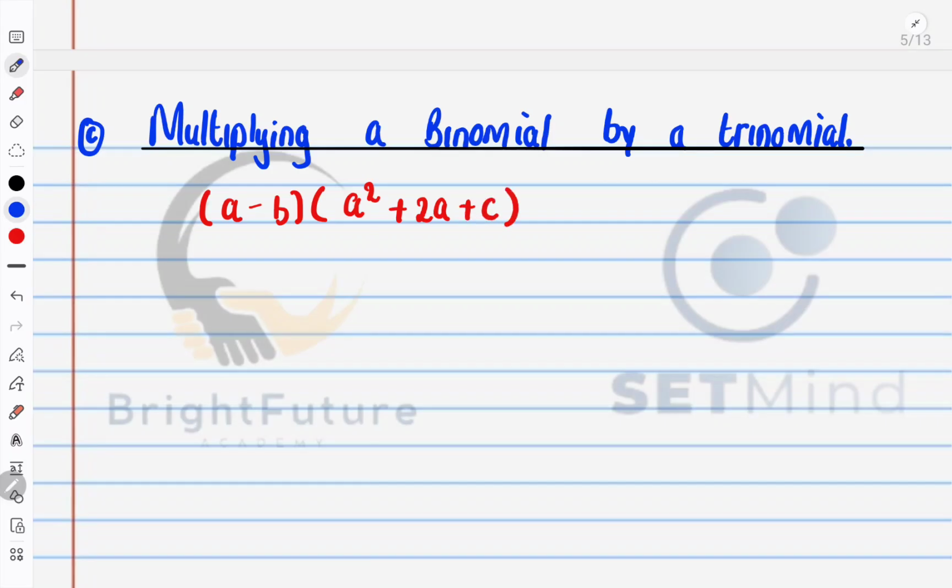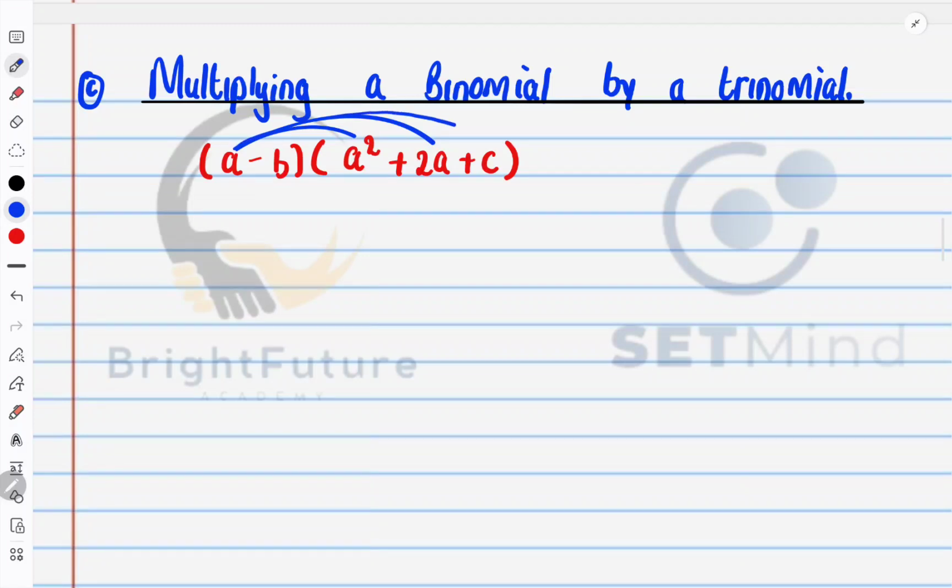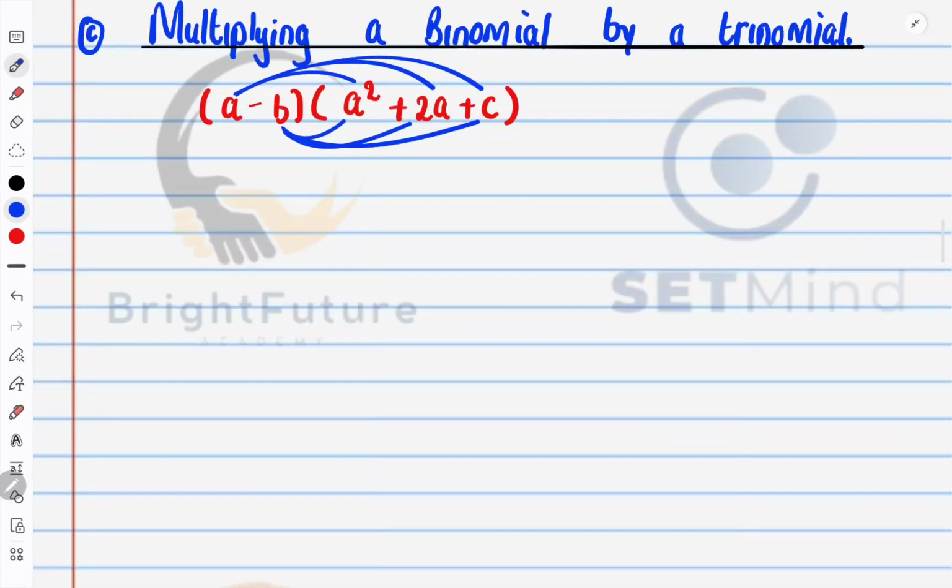Now let's multiply that. We follow the distributive law. It's a into a squared, a into 2a, and a into c, and then we do the same for b into a squared, b into 2a, and b into c.